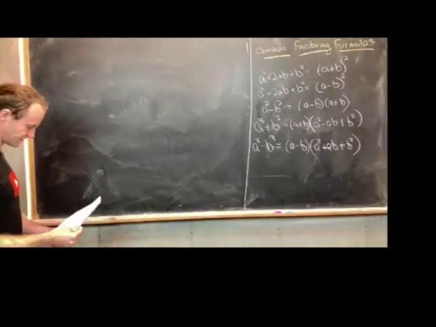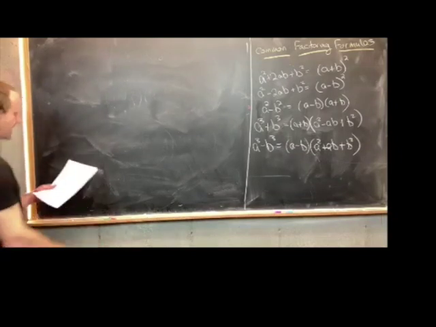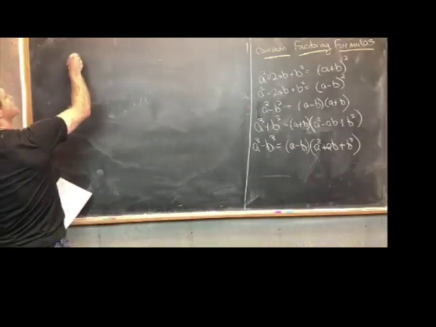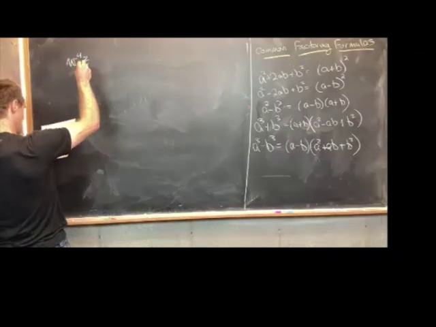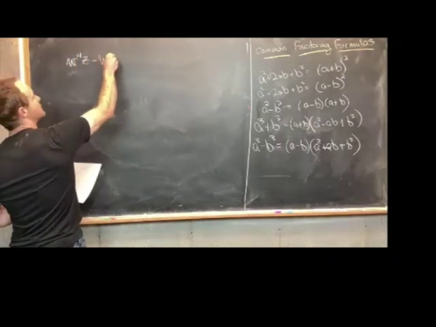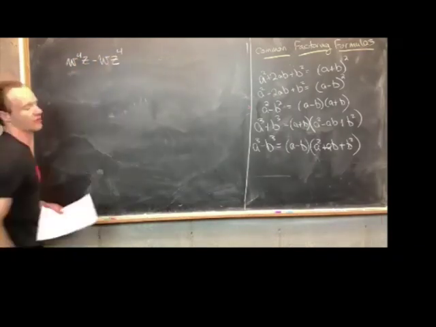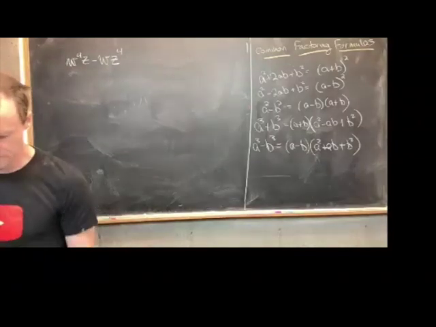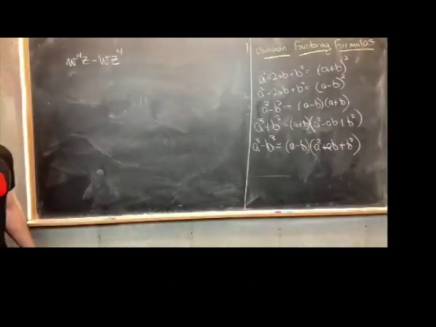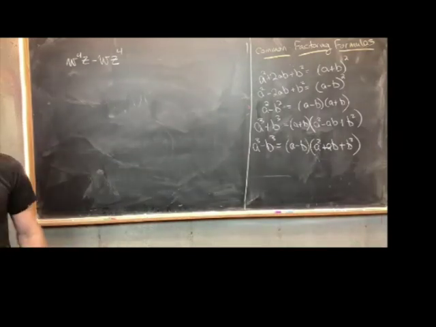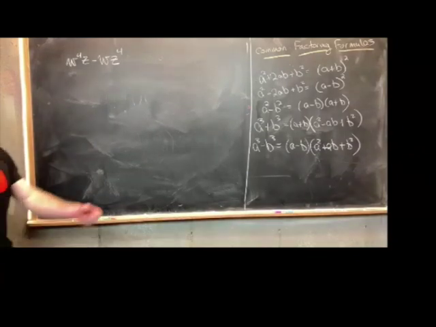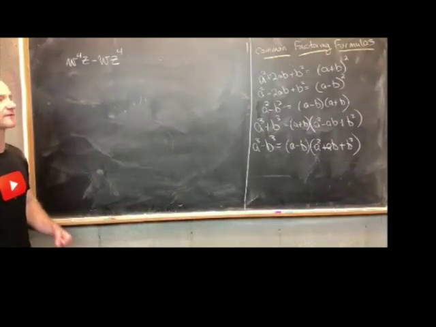Okay, so maybe this one next. So w to the 4th z minus wz to the 4th. Okay, so the first thing, which I should have said in the last example, but we didn't really need it, is to try to find a common divisor and take out a greatest common factor first.